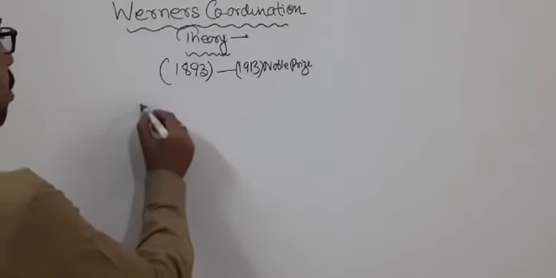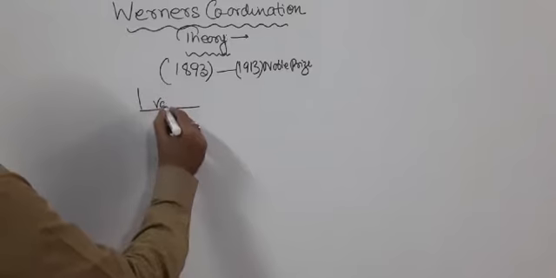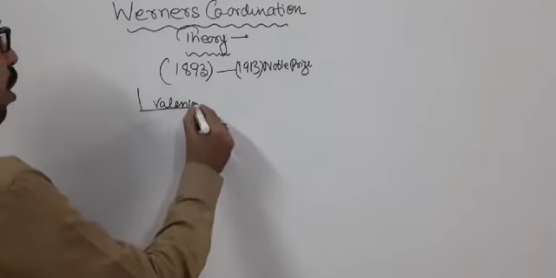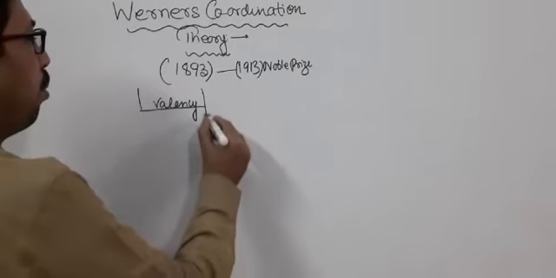The main point of Werner's coordination theory is that coordination complexes show two types of valencies.